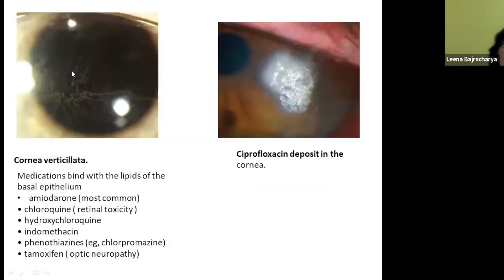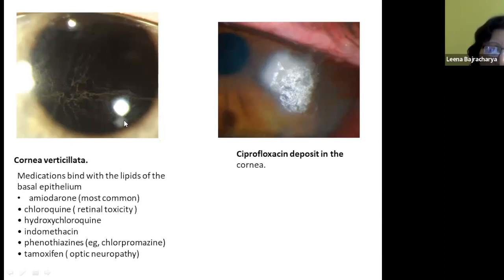This is a picture of vortex keratopathy, cornea verticillata, which is the deposition of different types of drugs and medications like amiodarone, chloroquine, hydroxychloroquine, indomethacin. They bind with the lipids of the basal epithelium and deposit in the manner of this type of lines.